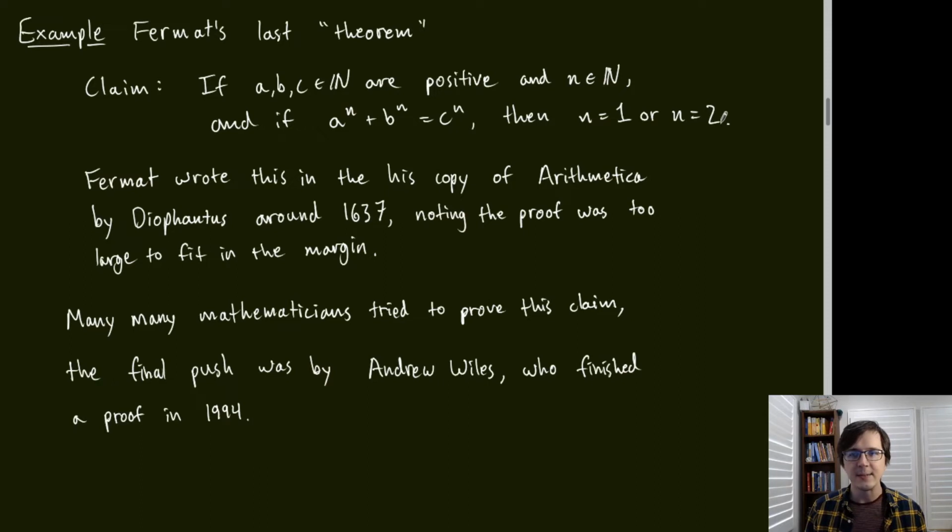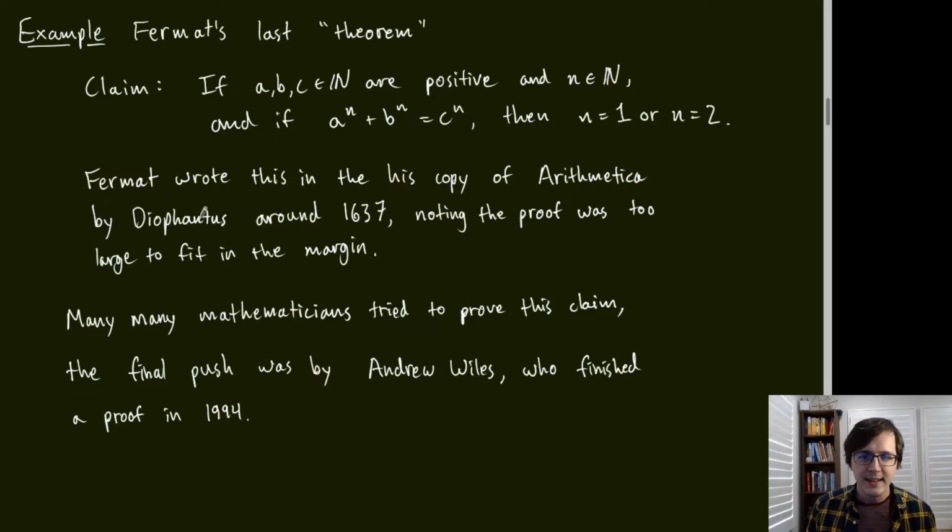So we saw the n equals 2 case on the previous slide with Pythagorean triples, and the n equals 1 case is just a plus b equals c. So linear equations, those are very, very easy to solve. The surprising claim by him was that if n is 3 or bigger, then there are no solutions to this where all three numbers a, b, and c are positive. We need positivity because 0 to the n plus 0 to the n equals 0 to the n.